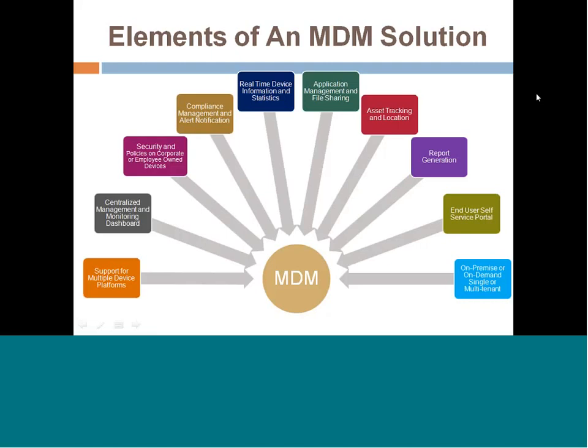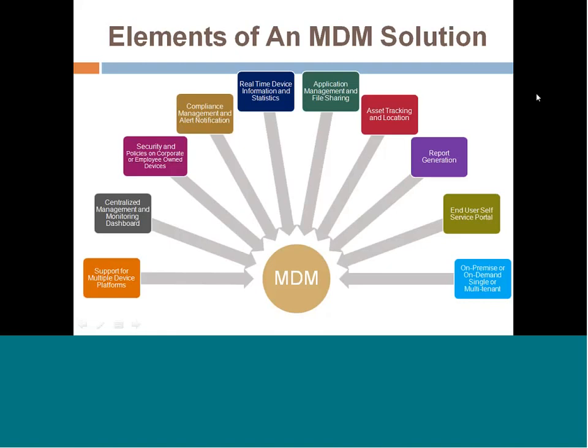I will show you in a few minutes all the different real-time information that we gather off these devices. And basically that's done because we have a client on the device that's gathering that information periodically and then sending it back to the MDM database, and then it's displayed on the dashboard in real time.